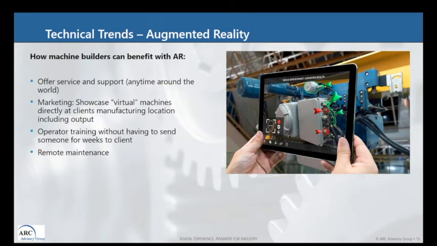So it's also becoming more common in the market to use this to reduce costs of training and maintenance costs. Of course, remote maintenance I already mentioned. Those are basically the applications that we have seen with augmented reality so far that make absolute sense and reduce downtimes and improve operational performance.